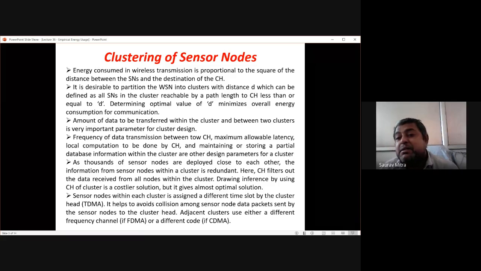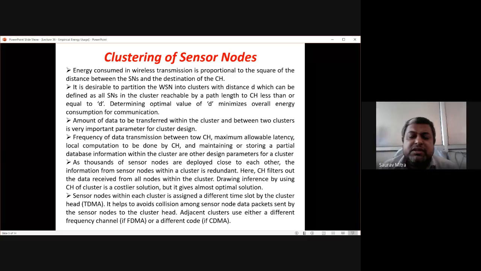How much is the maximum latency that can be allowed? That means for how much time a node can be kept inactive. That is a very important design parameter for any cluster. And then local computation to be done by the cluster head, and maintaining or storing partial database information within the cluster. So we are actually storing or maintaining a kind of data table in any cluster.